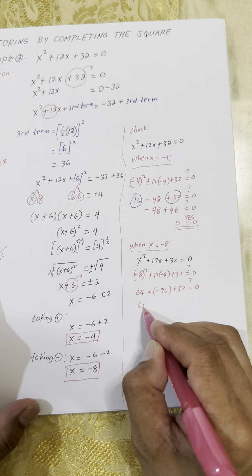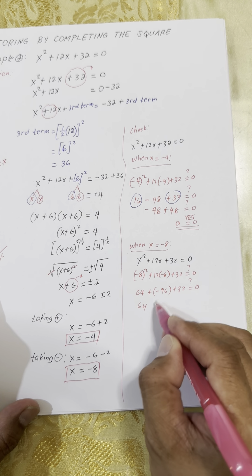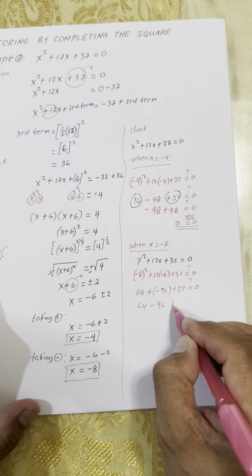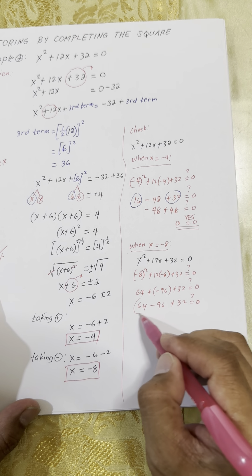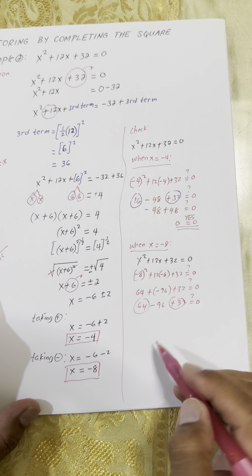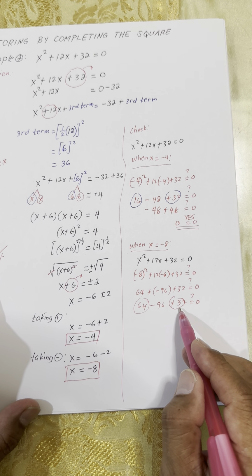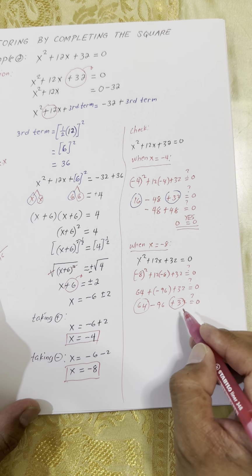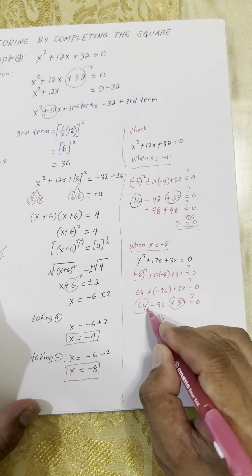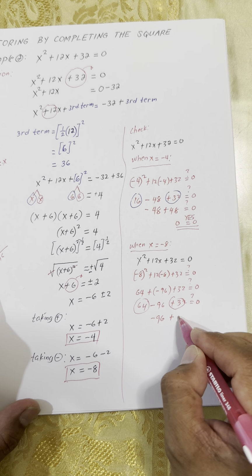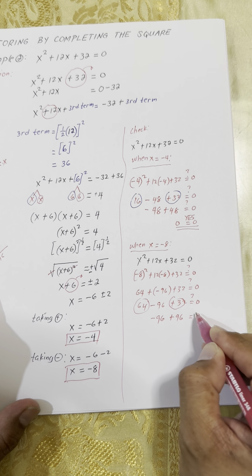So 64 plus minus 96 is minus 96. Plus 32, is it equal to 0? Combine the positive numbers, 64 plus 32. Copy negative 96. When you combine the two, this is plus 96. Is it equal to 0?